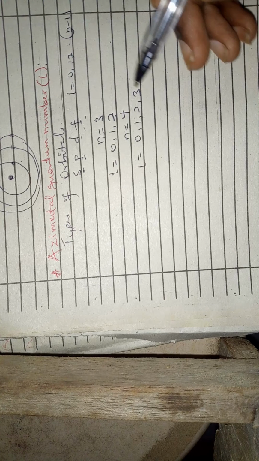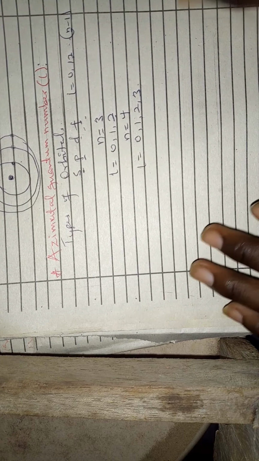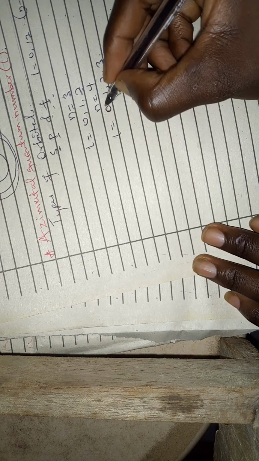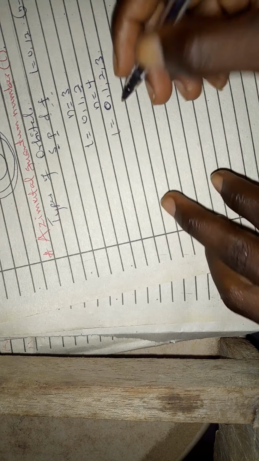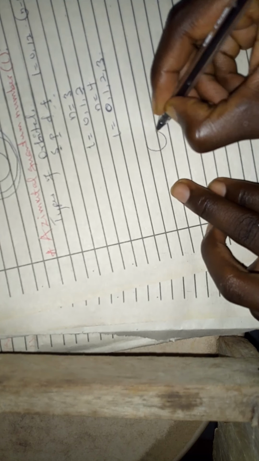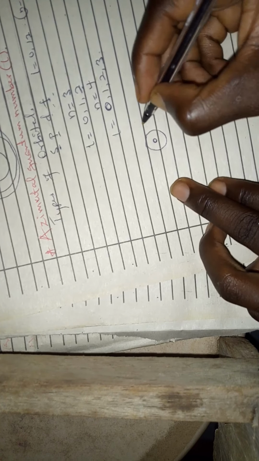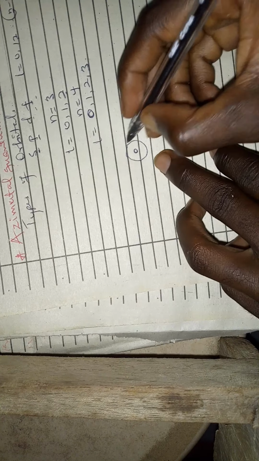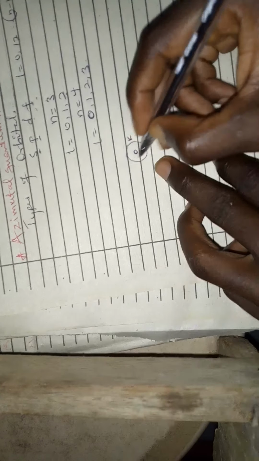Here, for instance, let's assume this is the first shell, the K shell. This is n, because it is the shell.